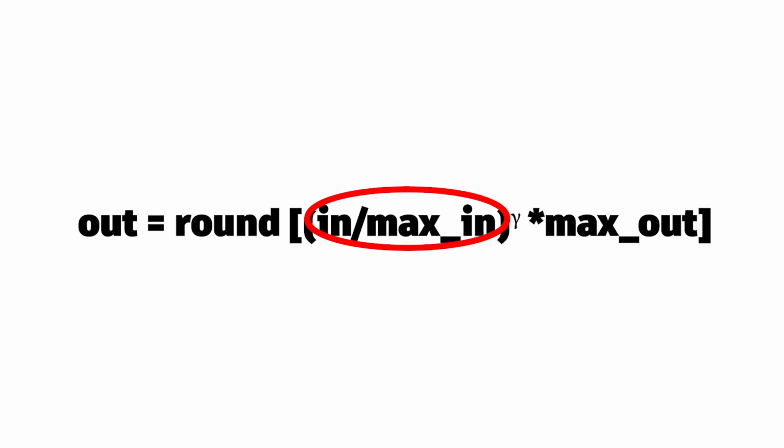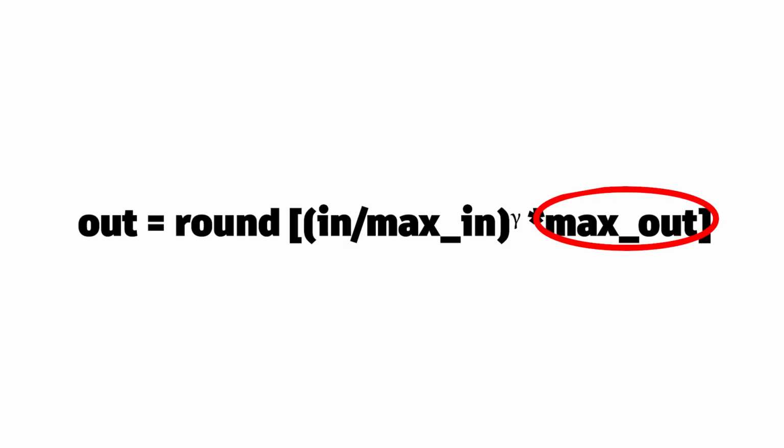Now, applying gamma, that's raising in over max_in to the power of 2.2, adjusts the curve to fit human perception. Multiplying everything by max_out brings us back to the 0 to 255 range used by our PWM. Rounding everything helps us to get an integer value as our answer.